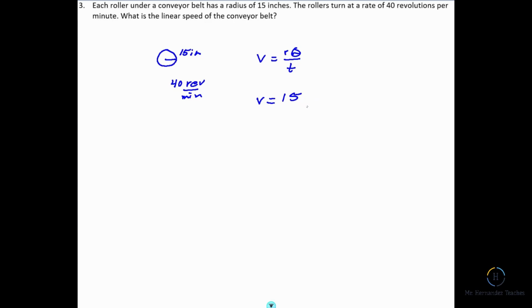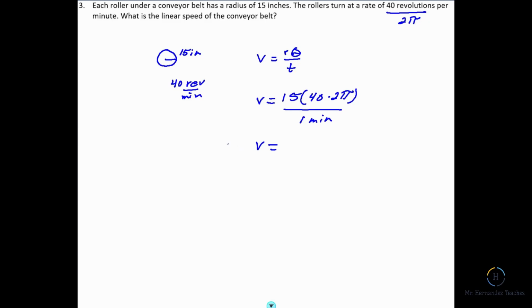Remember here, it's going to be the 40 revolutions that we're looking at for the angle. So 40 times 2 pi. Again, this revolution is 2 pi every single time. So 40 times 2 pi over 1 minute. So 1 minute again.